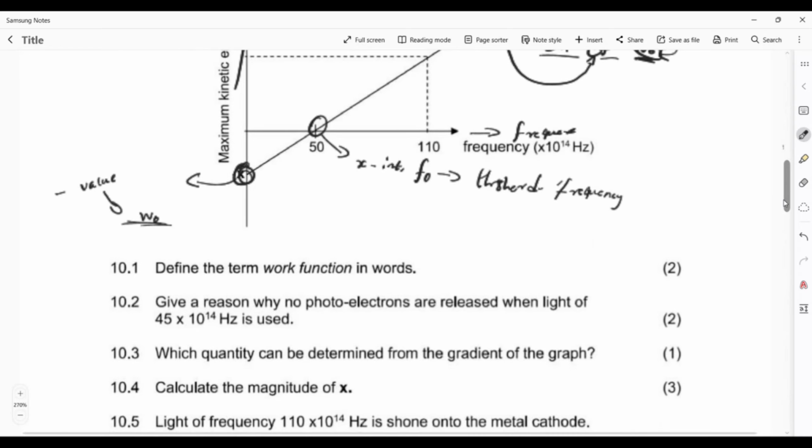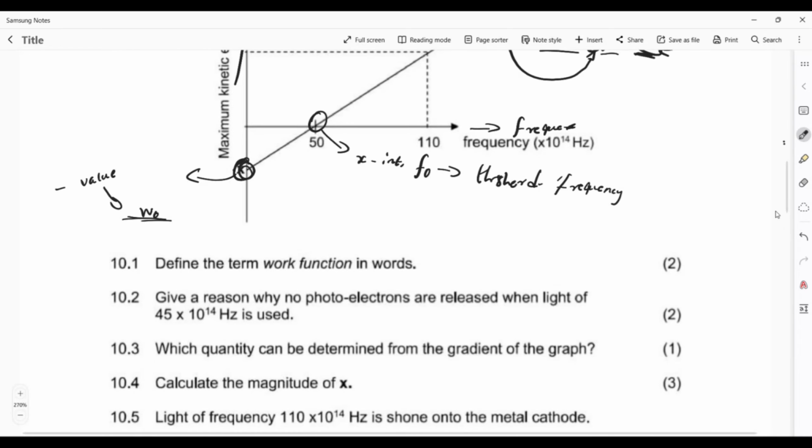Then the second question says, give a reason why no photoelectrons are released when light of 45 times 10 to the power negative 40 hertz is used. Starting here, we have a 50, then over here something like 45.